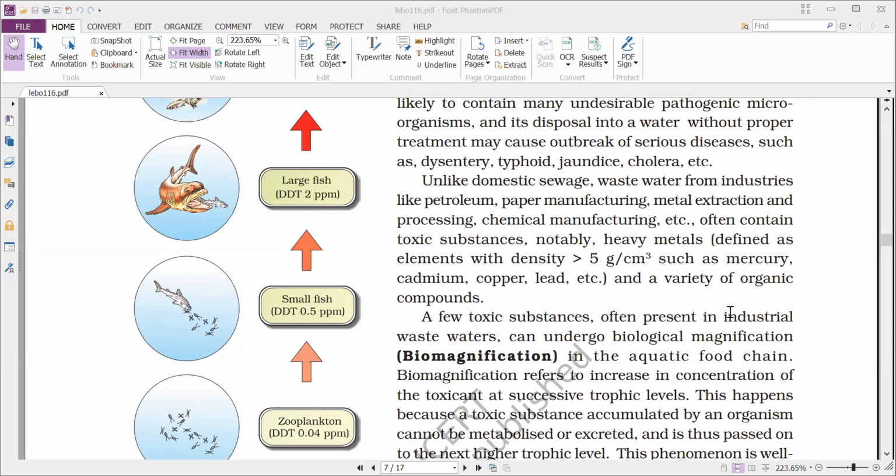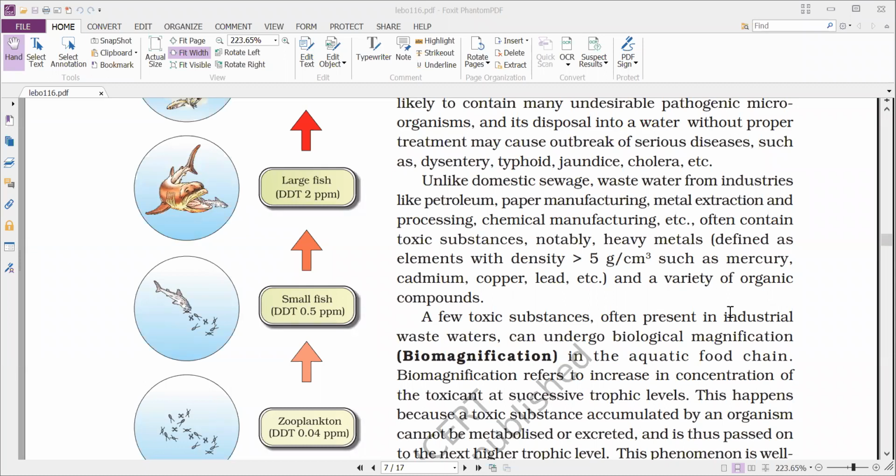And next, the lion will be eaten by the vulture. In the lifetime of a vulture, it has eaten around 10 lions.